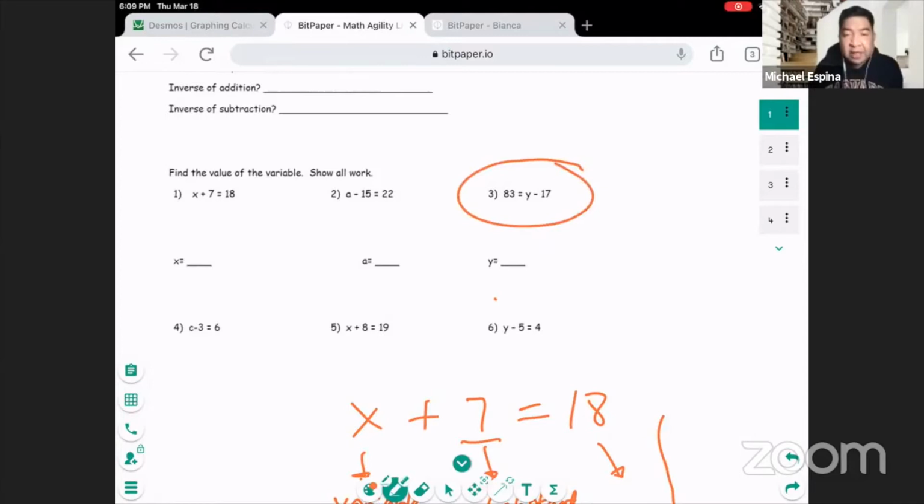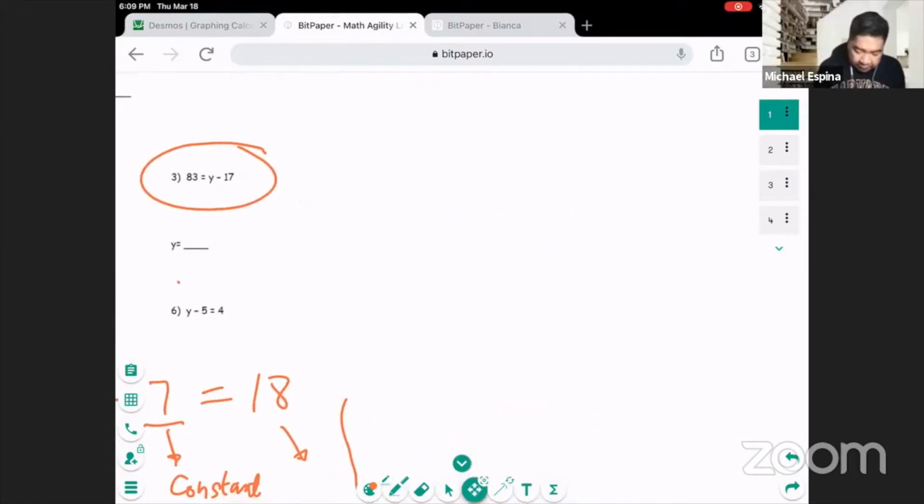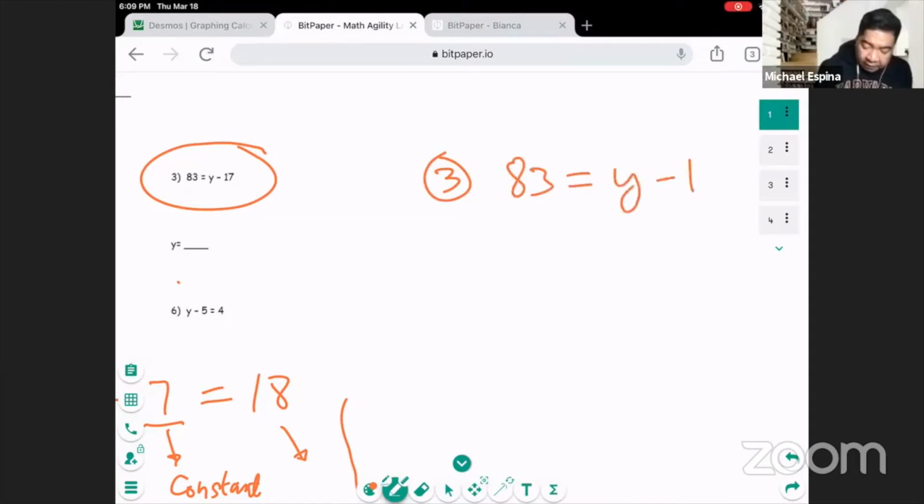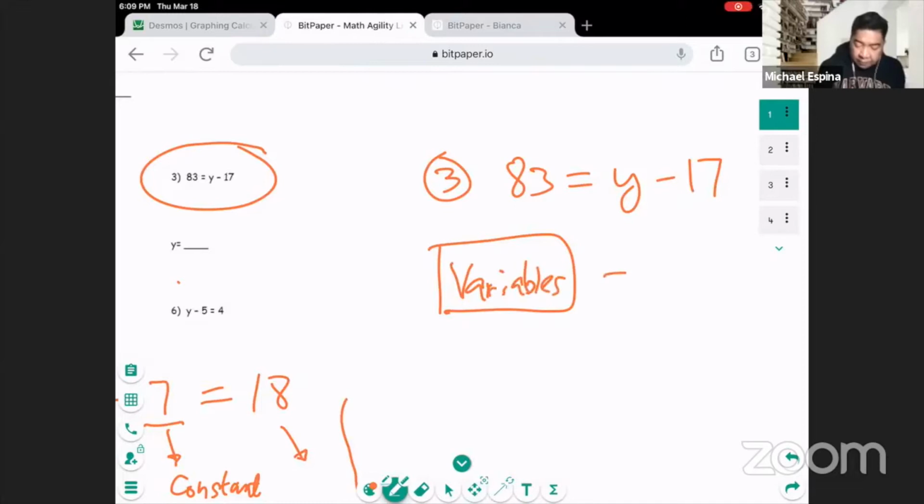It says 83 equals y minus 17. Let's scroll down here. So number 3, 83 equals y minus 17. Again, our rule is variables on the left-hand side and all constants on the right-hand side of the equation.